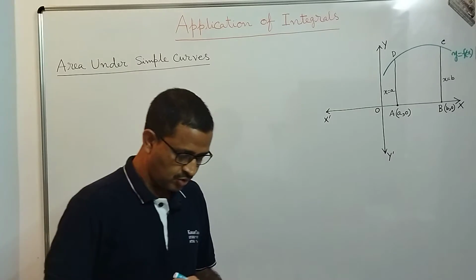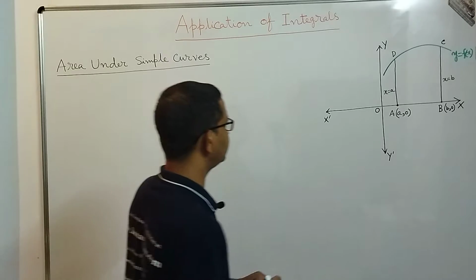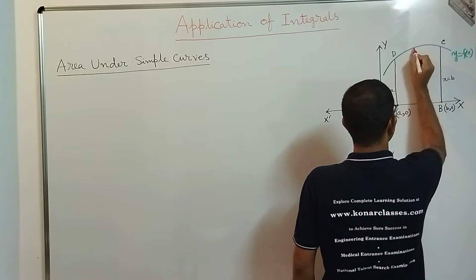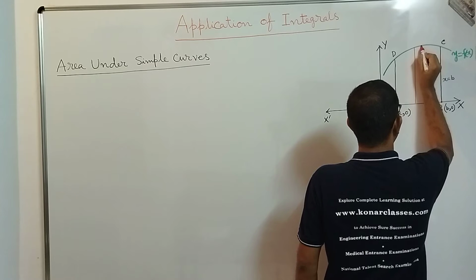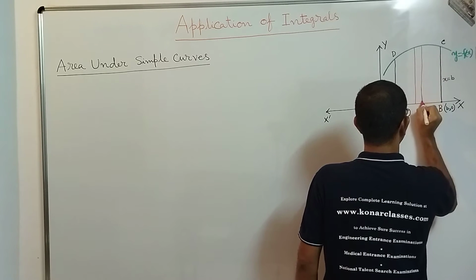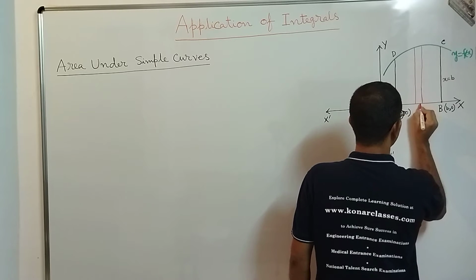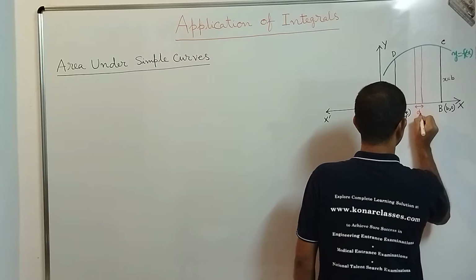So to find that, dear students, we take a very small strip here. The width of this small strip we can consider as dx.